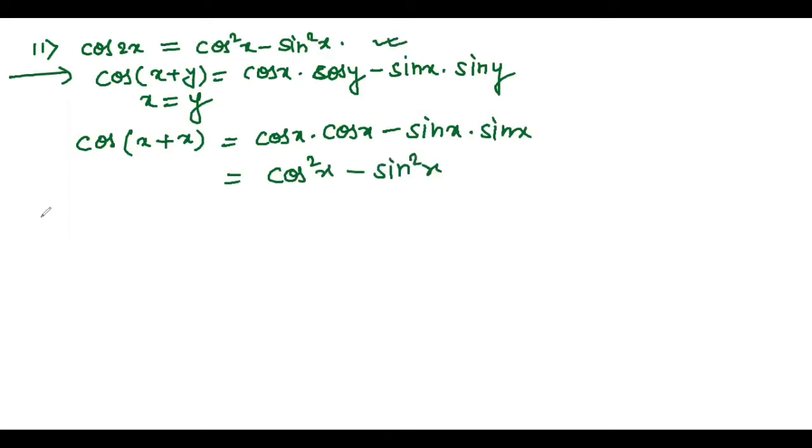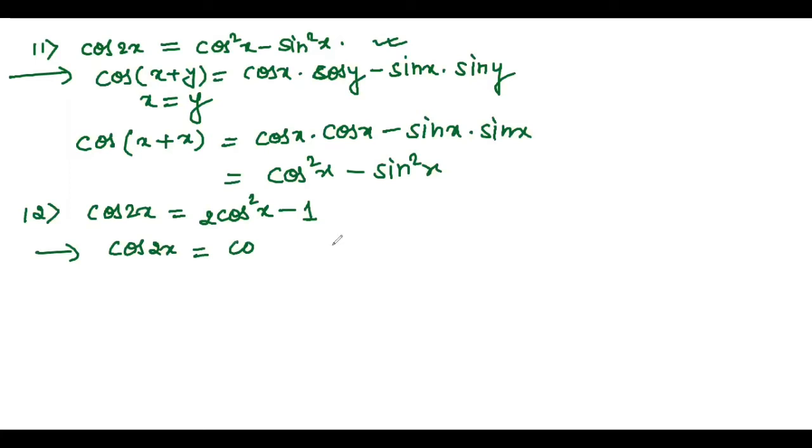Now, from cos 2x only, we can find out 2 cos square x minus 1. It is also very simple. Cos 2x, just now we have seen, equals cos square x minus sin square x. So in place of sin square x also I am going to write cos square x, because we know that sin square x plus cos square x equals 1.